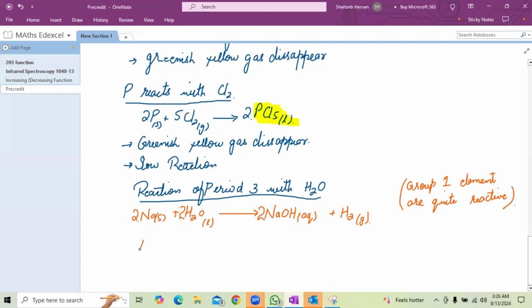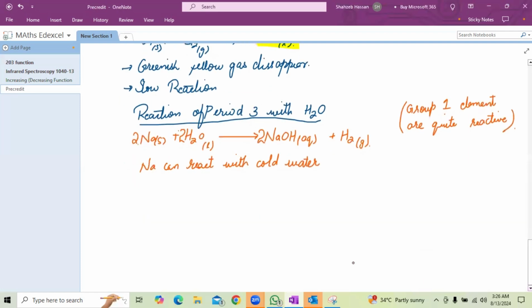So sodium, which is the most reactive one in this group, can react even with cold water as well, and the reaction would be quite fast. For example, if this is water, sodium will come on its surface. Sodium would move across the surface of water.